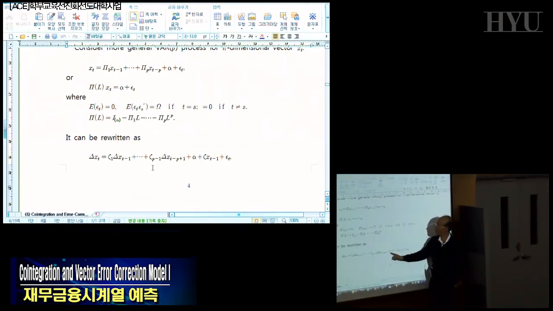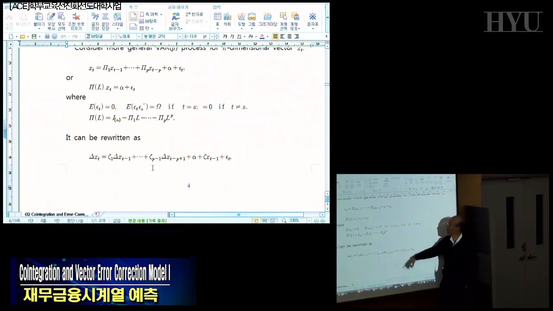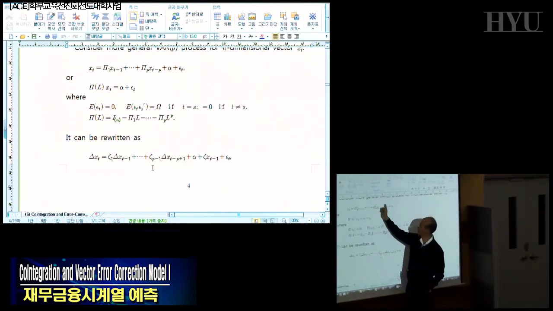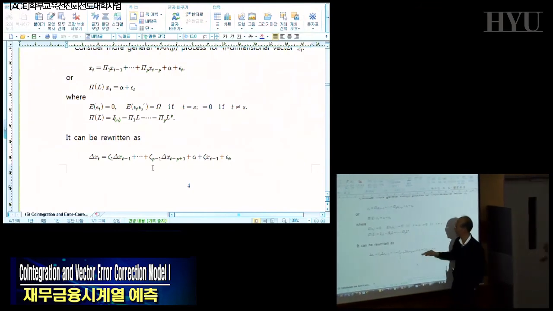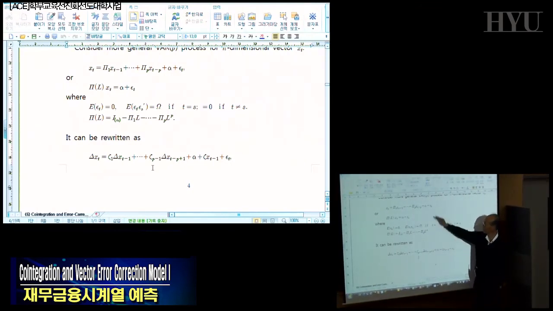And then the same alpha, and this is a level. This is a level. And zeta is defined as the sum of this minus the identity matrix, right? So from here to there is simply rewriting the same thing.